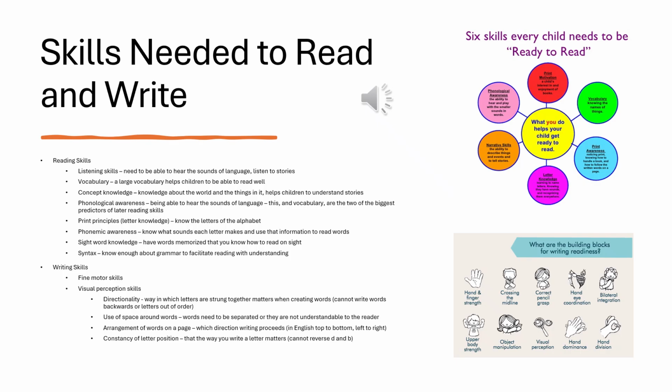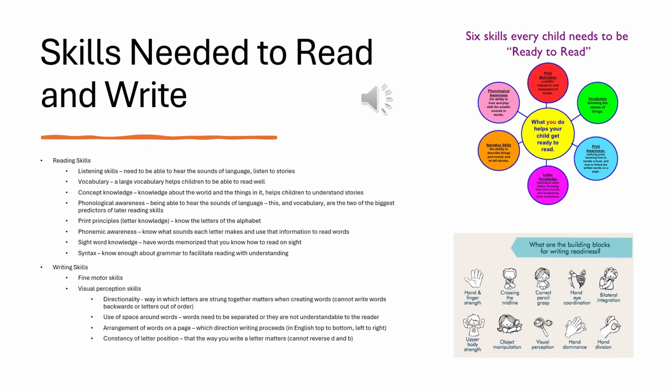So one is to be able to hear the sounds of language, to be able to listen effectively to stories. One is to have a good vocabulary. So the vocabulary that children have is one of the best predictors of how well they'll read. Children need to know a lot about things in the world. So it's easier to learn vocabulary when you have ideas and knowledge about the world around you, and then you're just putting labels onto those things that you're learning about and the things that you know.